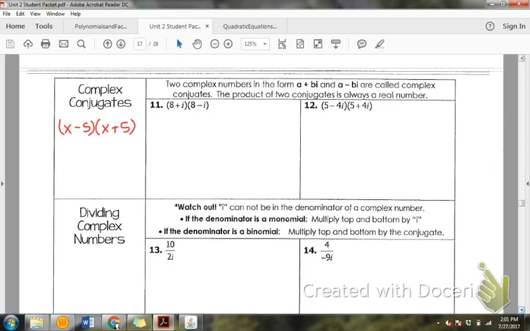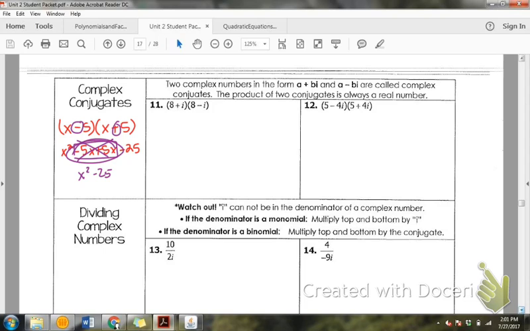What happens when you do this? x squared minus 5x plus 5x minus 25. What happens here? They cancel out. And you just have x squared minus 25. If these signs were not opposite, this would not cancel. So that's what we're thinking.